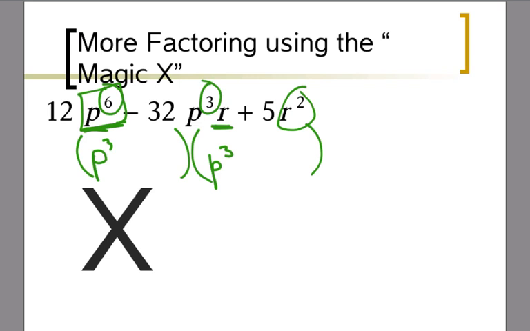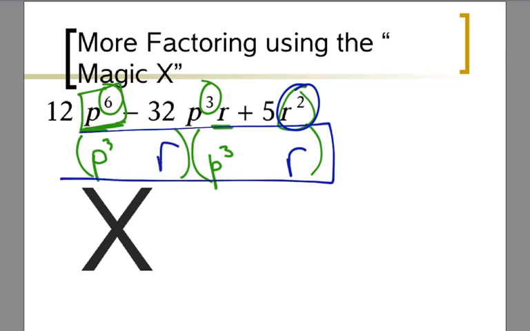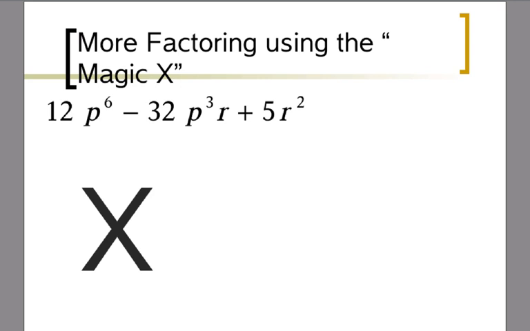And then I'll have half of the second amount, so this r squared, half of that would be r. Okay, so my final answer is going to look like that with some numbers in there, so I just wanted to work that part out before we jumped into the magic x. So it's always half of the amount of the exponent.